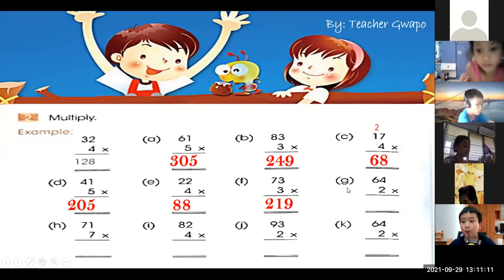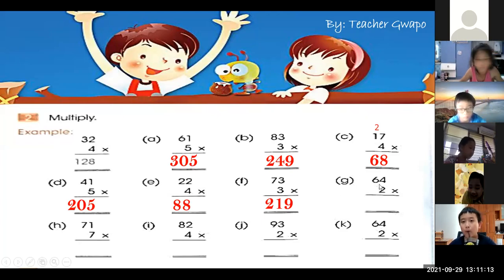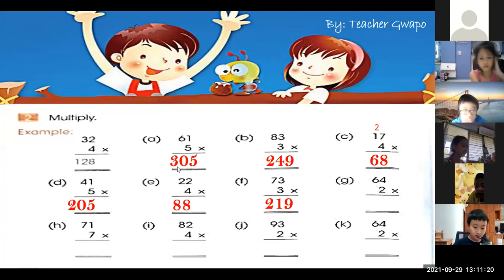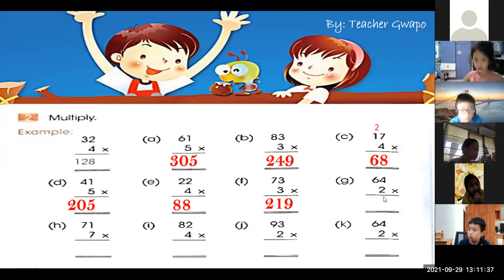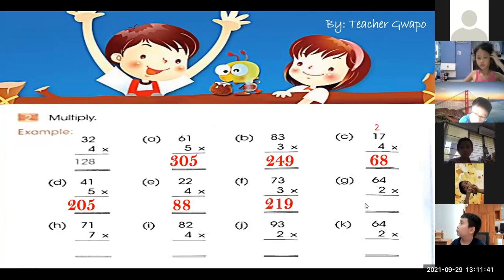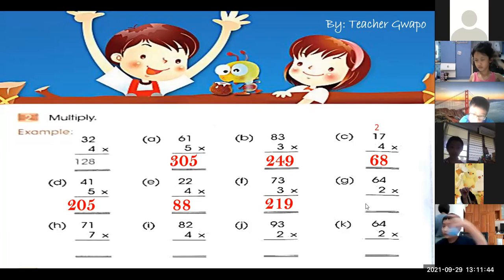Letter G. 64 times 2. What's your answer here? So 4 times 2 is 8, right? And then 6 times 2 is 12, right?